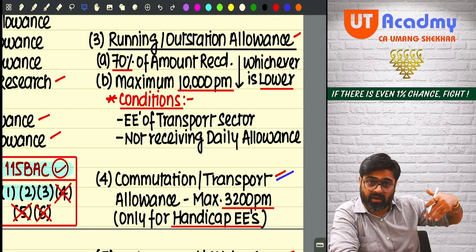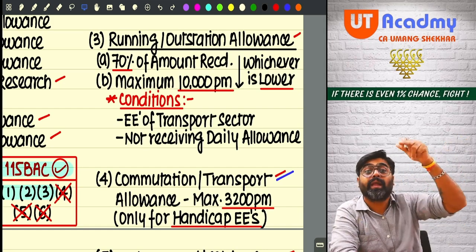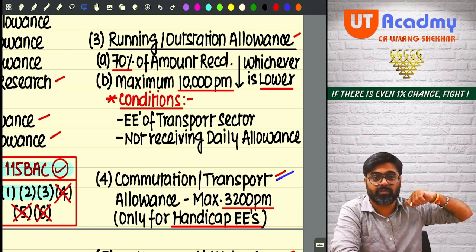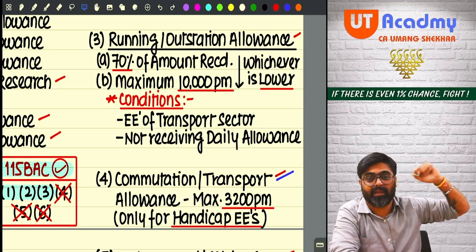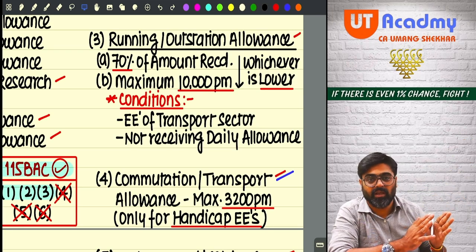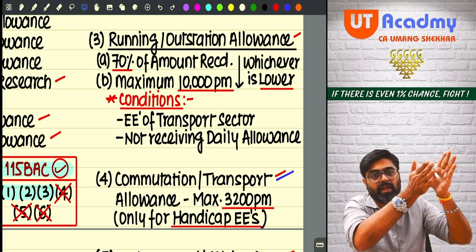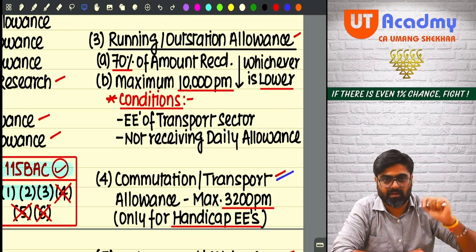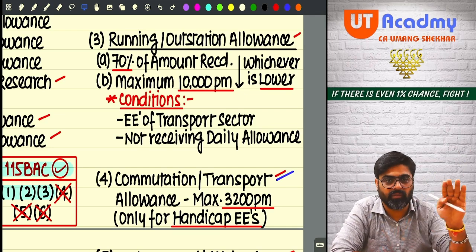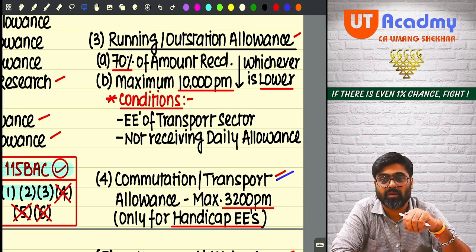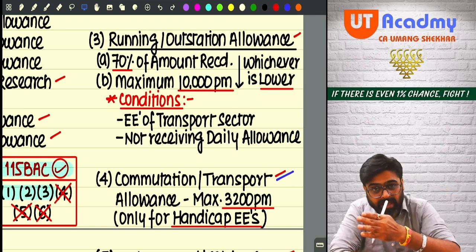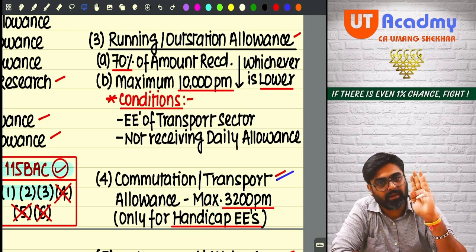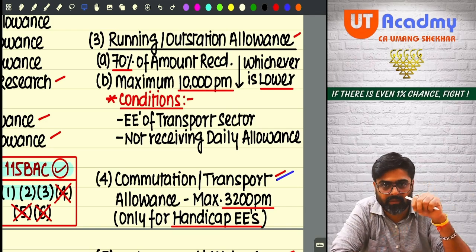Whenever you will be running my trucks to outstation, there might be some expense happening. Because you are going from Chennai to Delhi, taking the truck. It will usually take 3-4 days. During these days, when you are taking the vehicle outstation, there might be some expense happening.